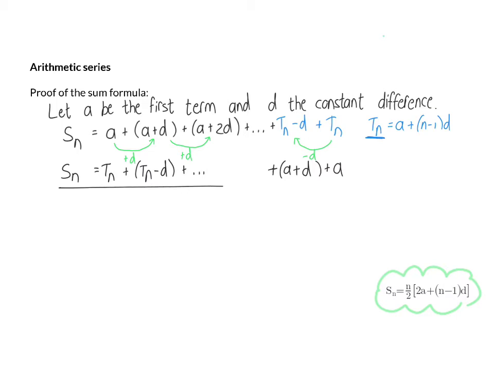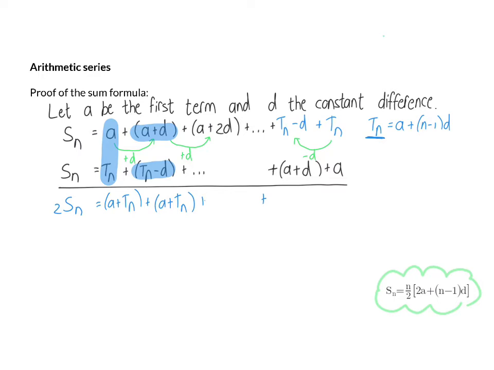Now I'm going to add up the two equations. On the left, I will have Sn plus Sn is 2Sn. On the right, when I add up the first two terms, I will get A plus Tn. If I have a look at the second group of terms, I will also have A plus Tn because d minus d is 0.